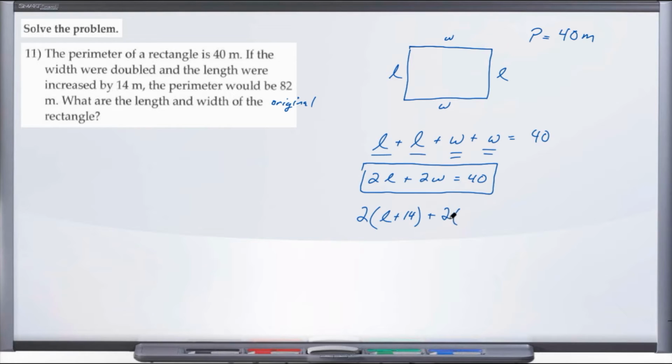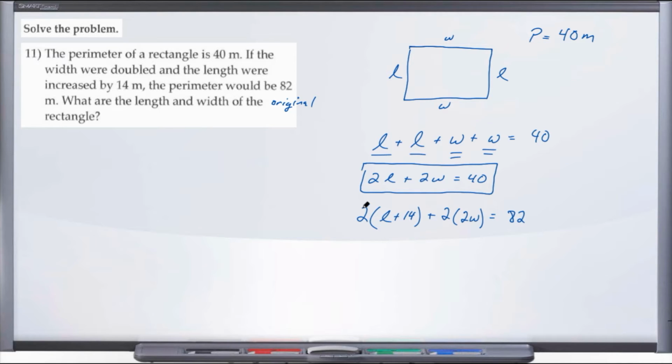So 2 times (L plus 14), plus 2 times, and the width has been doubled. Well, how do you write 2 times the width? Well, that's how we would double the width, right? Whatever the standard width was, we're now doubling. Equals, and what's the new perimeter if these two scenarios were to take place? If we increase the length and double the width, well, the new perimeter would be 82.